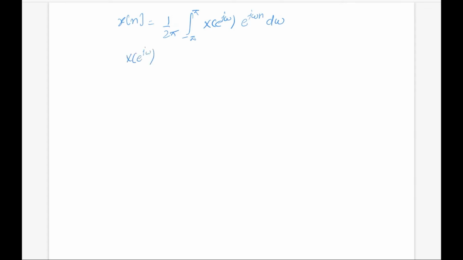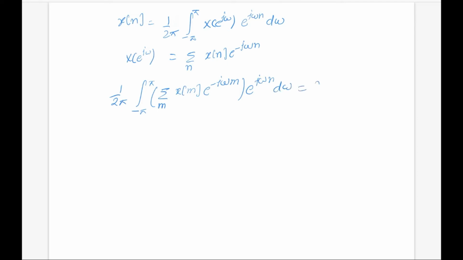We have to prove that these two equations are inverse of each other. So I'll put X(e^{jω}) in this equation, integral from minus π to π, and instead of n I'll take another variable m, the sum of x[m] e^{-jωm} times e^{jωn} dω, and let's say it is x hat n.